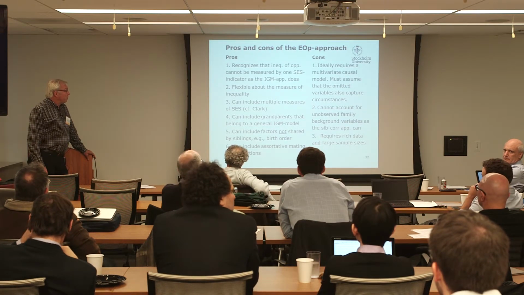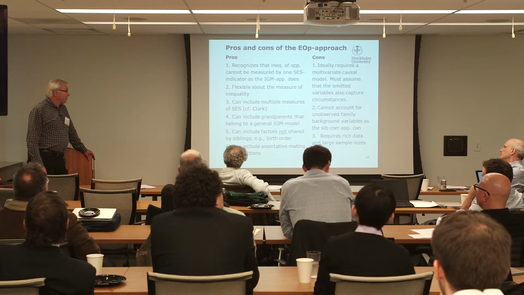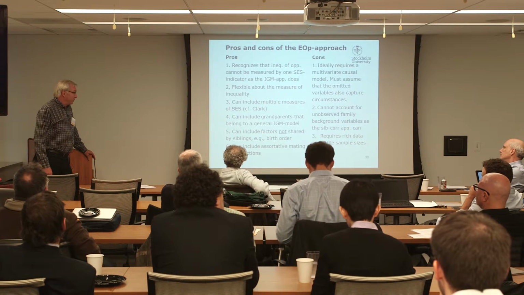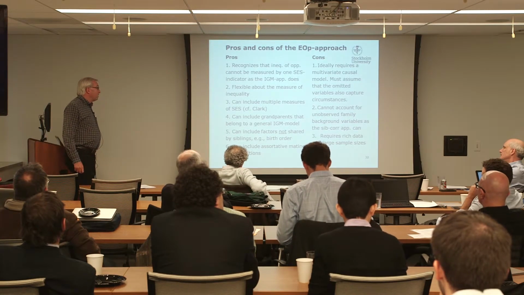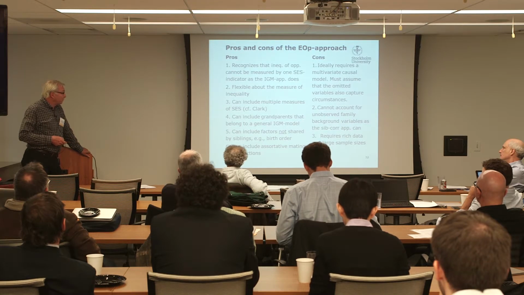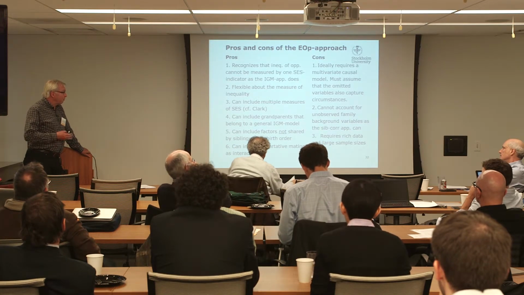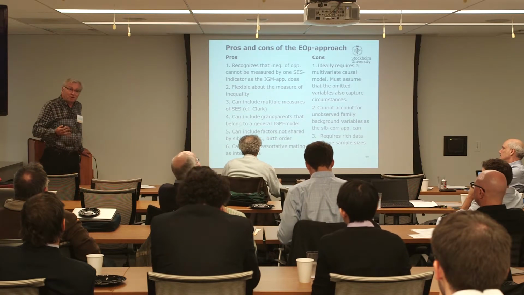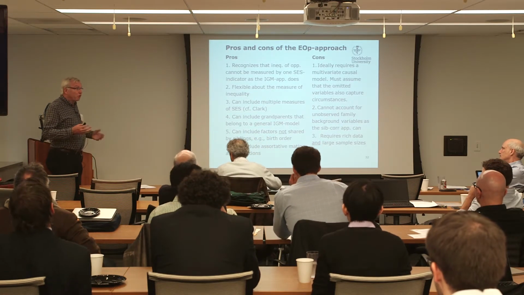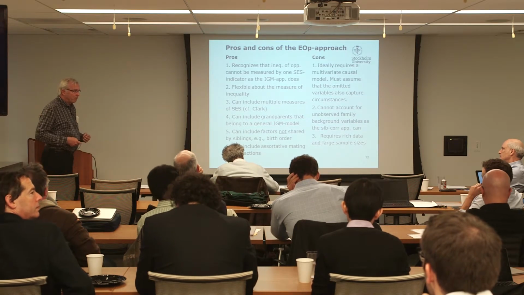That's why the typical intergenerational mobility approach underestimates mobility in society. But here one can actually do that, and I think that's a nice thing. It's also possible here to include grandparents, because that belongs to a more general mobility model. For John Roemer, of course, grandparents are just another circumstance. Of course, we should have that.